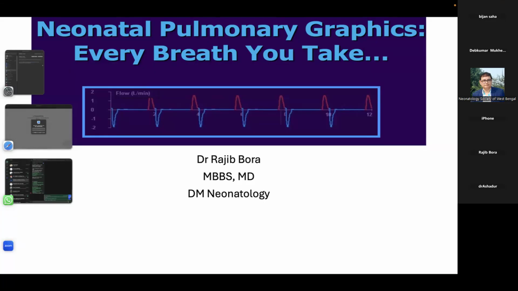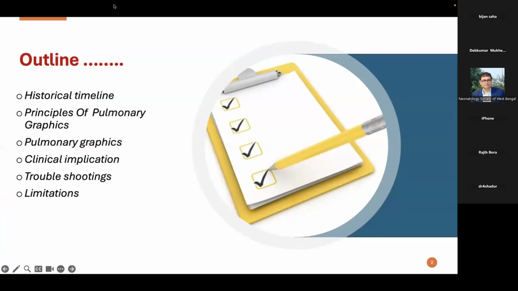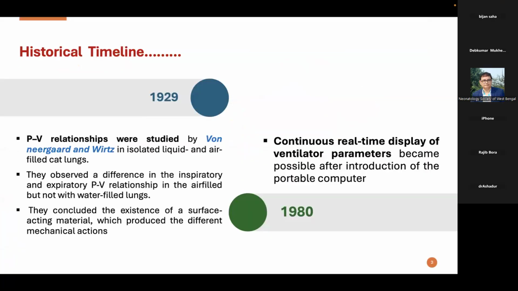The first try, when people tried to find out the relationship between pressure and volume, was way back in 1929.